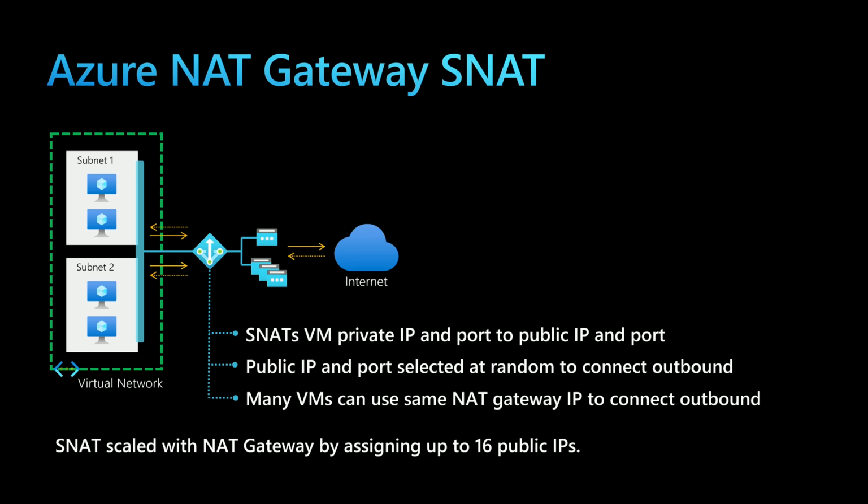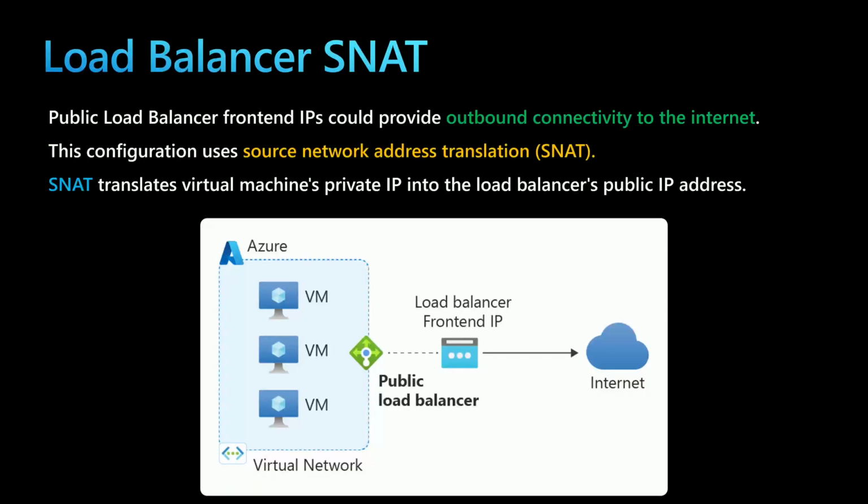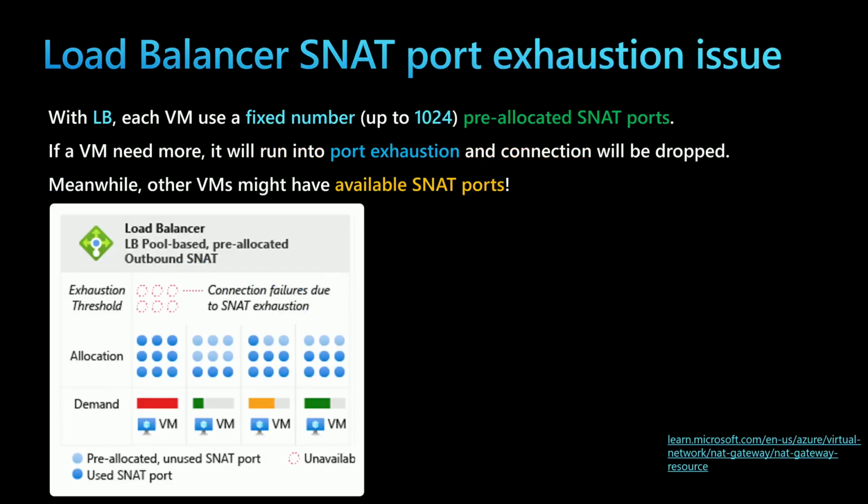The NAT gateway provides a SNAT solution, but the Azure load balancer can also do SNAT. The public load balancer front-end IPs can provide outbound connectivity to the internet, and with that configuration it will use source network address translation (SNAT). But there is a difference between SNATing in a load balancer and SNATing in a NAT gateway. Let's consider the use case for a load balancer.